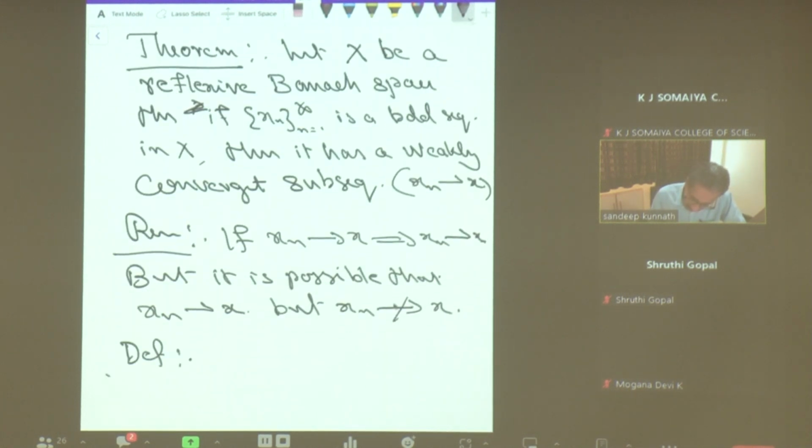Okay, so let f be from X to R, where X is a Banach space.